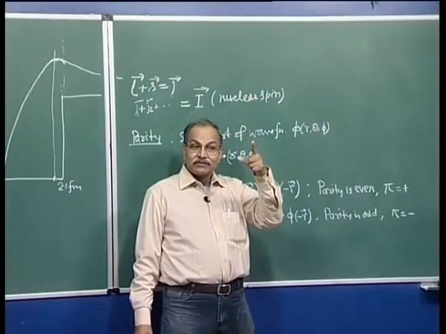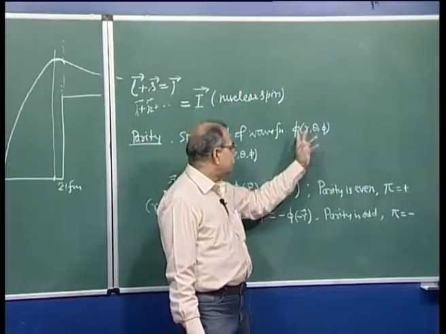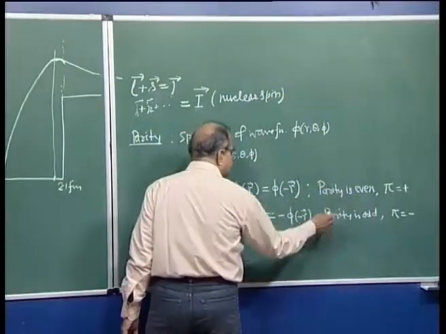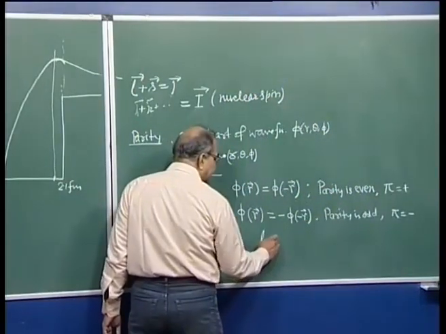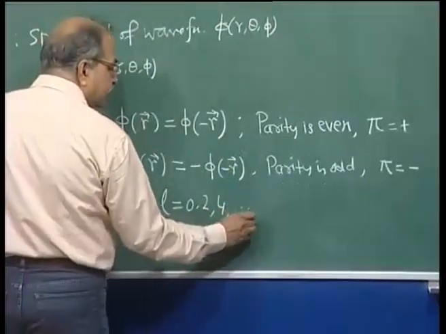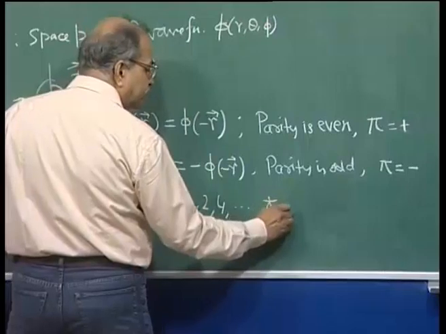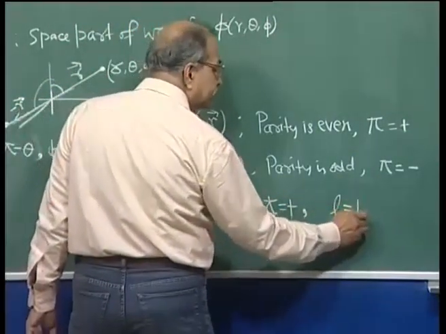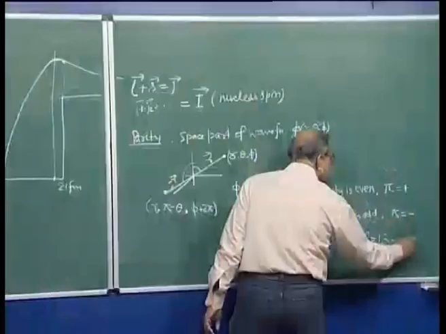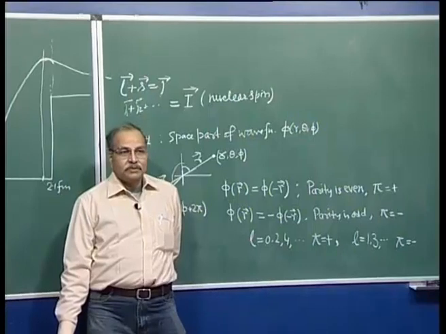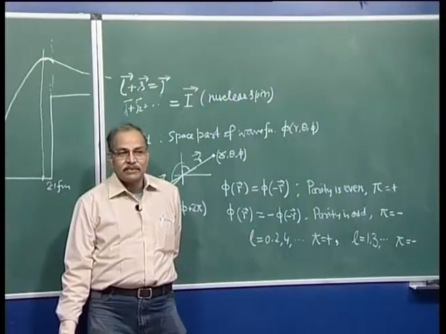So, that L is there in this wave function, and that L is directly related to this parity. If L is even, 0, 2, 4, then your parity is positive, and if L is odd, then parity is negative.